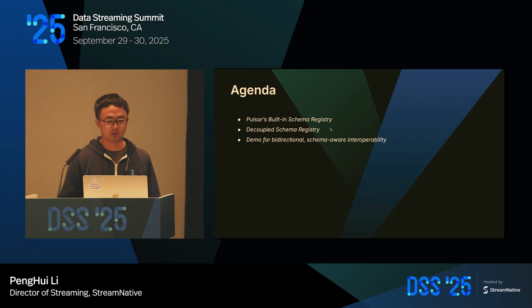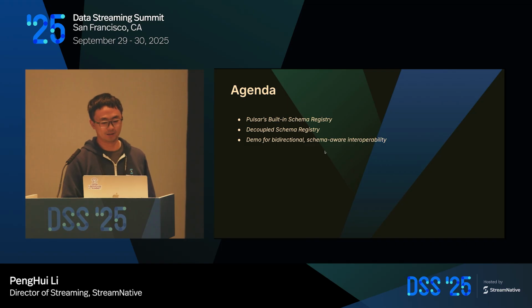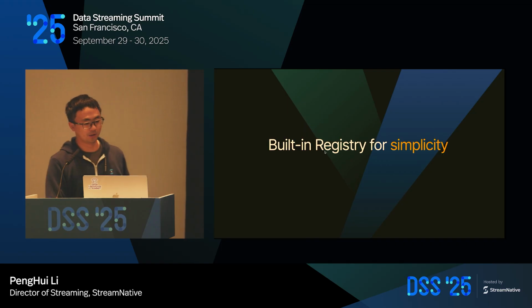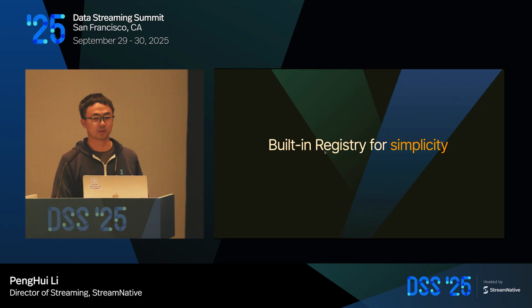I will also talk about the new solution of the decoupled schema registry, which is available in the new version. And I will demonstrate bidirectional, schema-aware interoperability between Pulsar and Kafka. Let's start with the first one, the built-in schema registry, for simplicity.